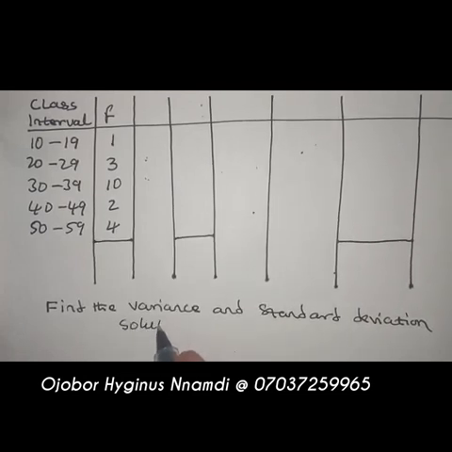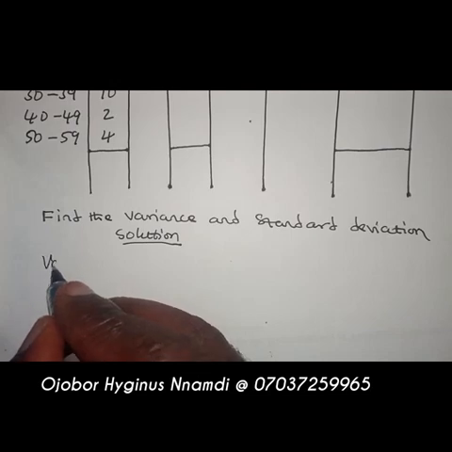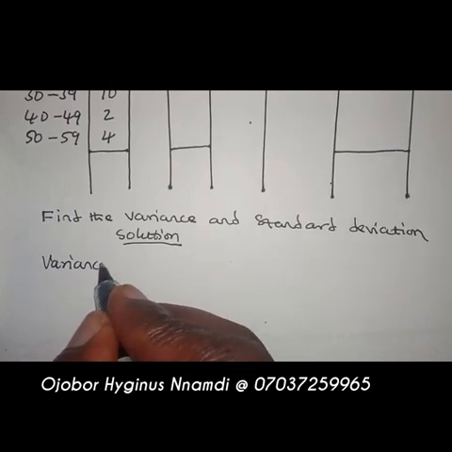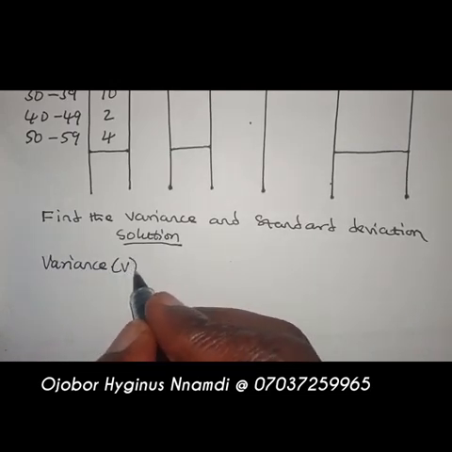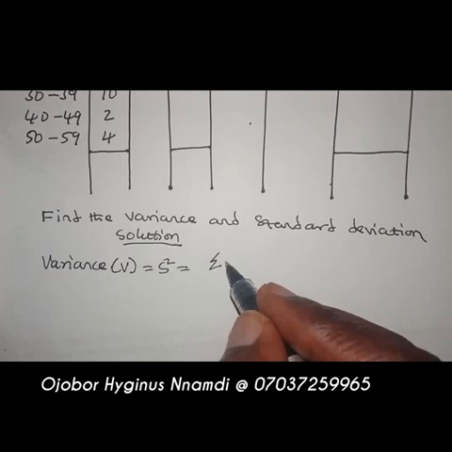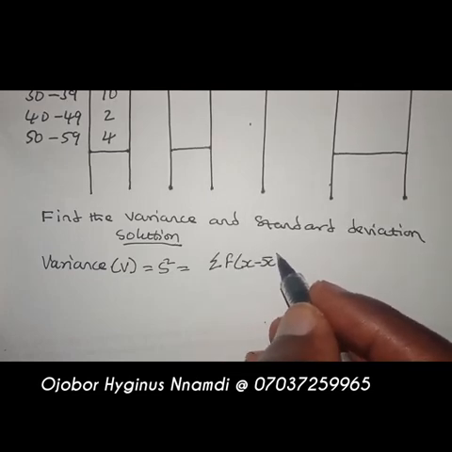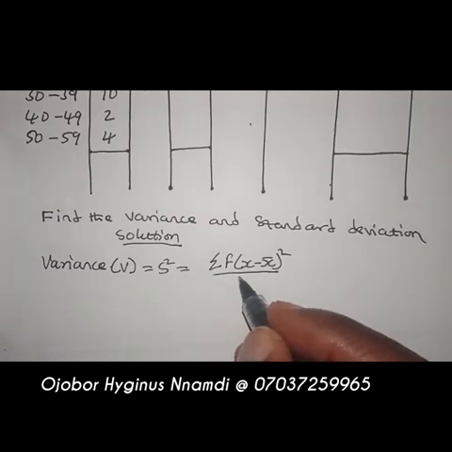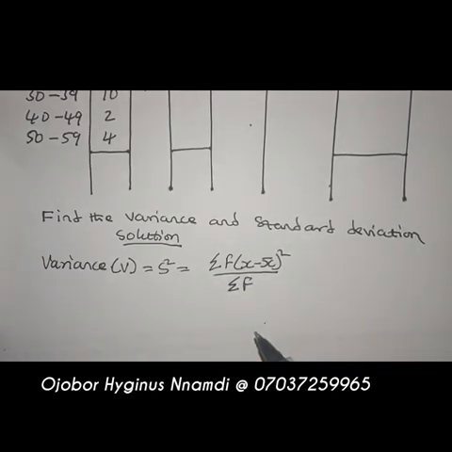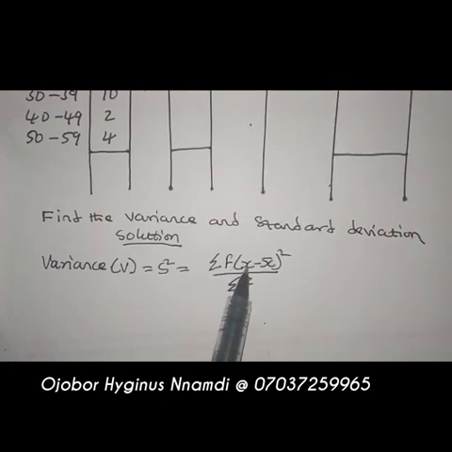Solution. Variance, which can be represented with V or S squared, is sigma F bracket X minus X bar squared divided by sigma F. That is variance, where F is frequency, X is the distribution, X bar is the mean.